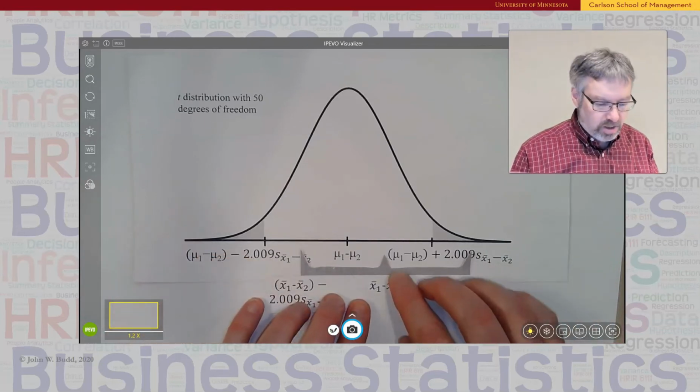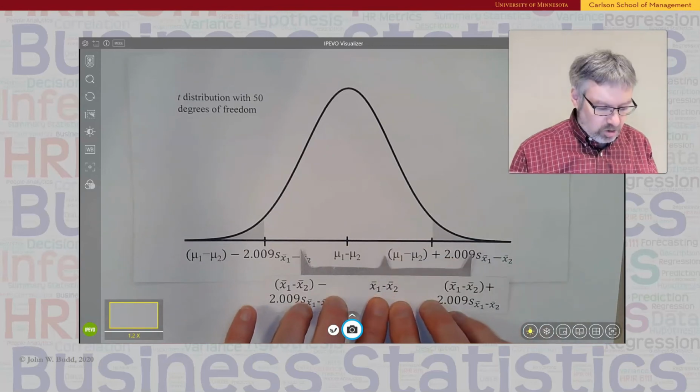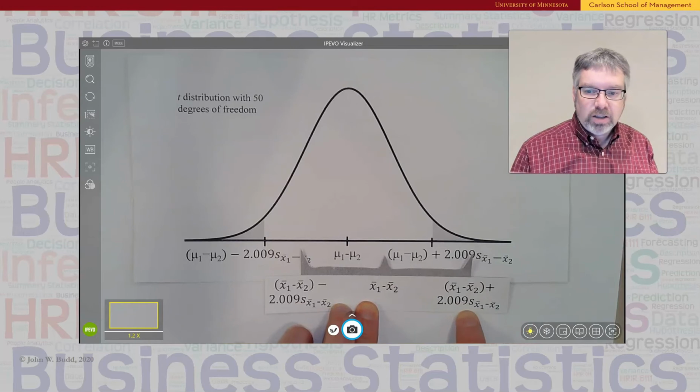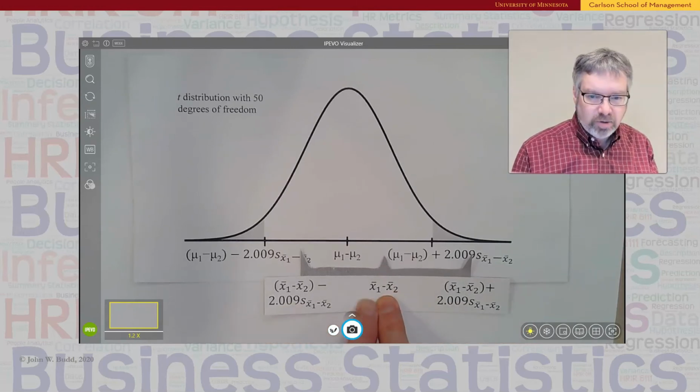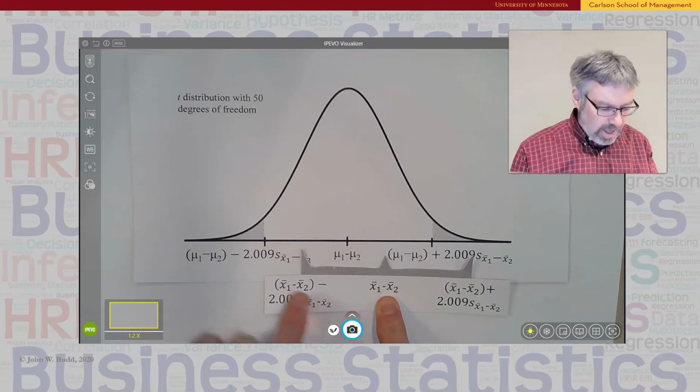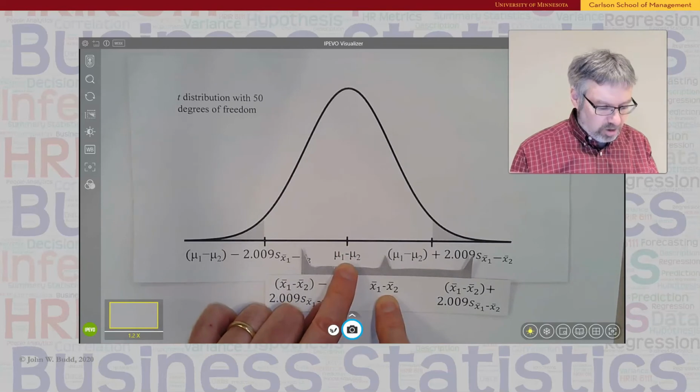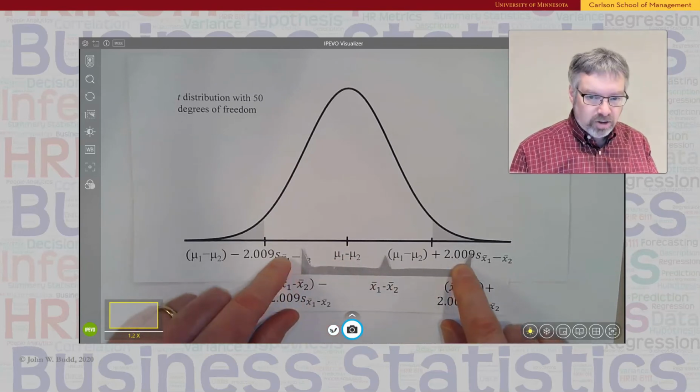Maybe that's, say, here. And we can construct our confidence interval where we go up 2.009 standard errors, and we go down 2.009 standard errors from the difference in the two means. And notice that our true population mean difference here is within this confidence interval.